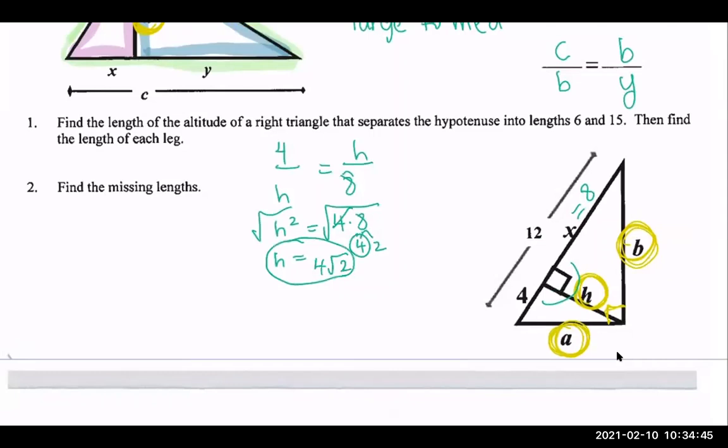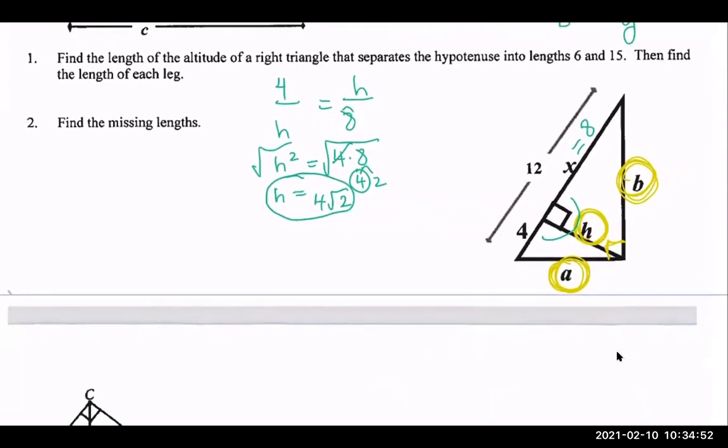Okay, so now use another one of your geometric mean values. So H was one of them. A is the other one. Okay, so let's say we try the A one. A is going to go in these spots here. Okay, and so it's going to be the values that are the whole hypotenuse and the piece of the hypotenuse closest to A. What do you guys think those values might be? It's the whole hypotenuse and then the piece of the hypotenuse closest to A. Okay, good.